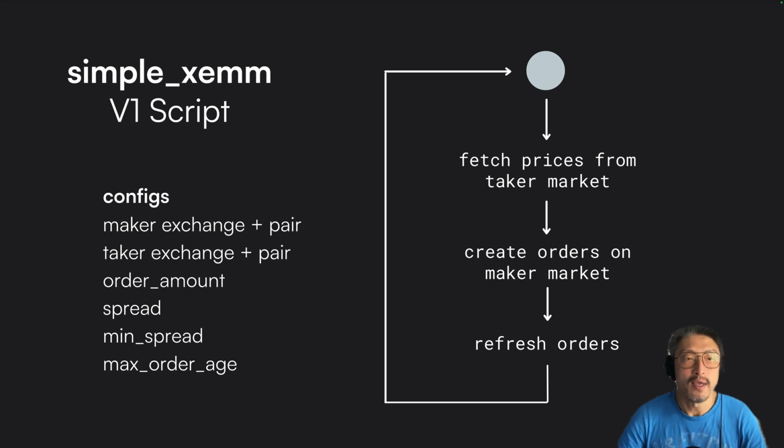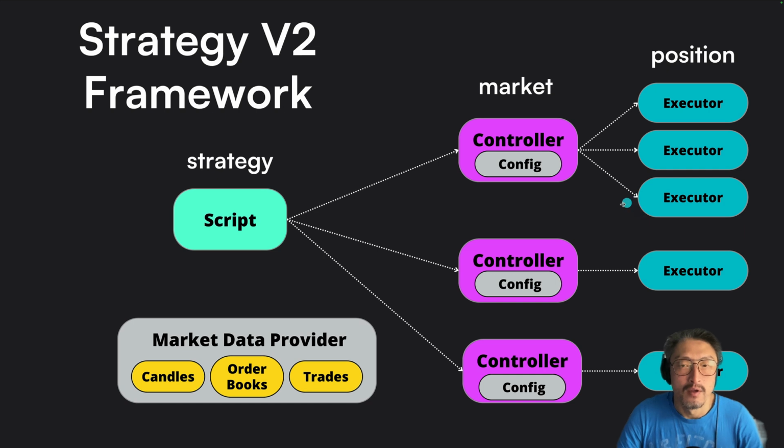So now that we understand how the v1 simple cross-exchange market making script works, let's look at how the v2 controller improves upon it. Recall from the second video in the series that the strategy v2 framework expands upon Hummingbot by allowing you to create Lego-like components that you can reuse, so you can run more powerful, more scalable strategies.